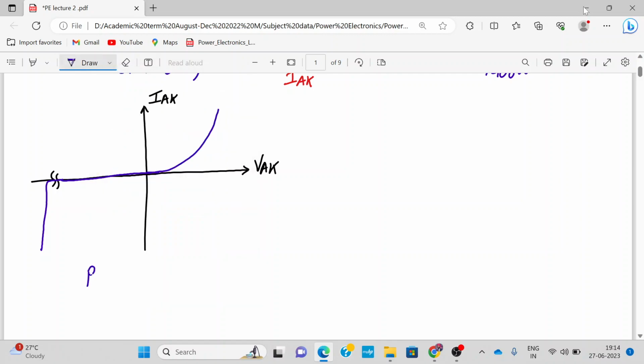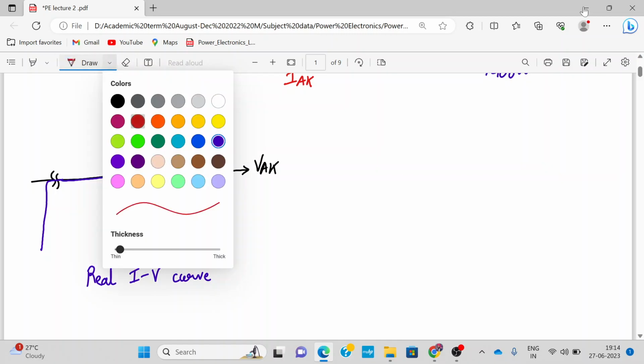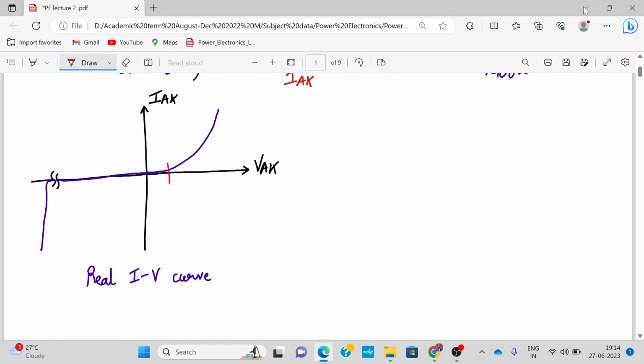So this is my real IV curve. All right. Now the forward voltage: the diode takes around 0.7 volts to turn on, and after that the current starts increasing exponentially. So this is around 0.7 volt, and this voltage is called the VD on voltage of the diode.